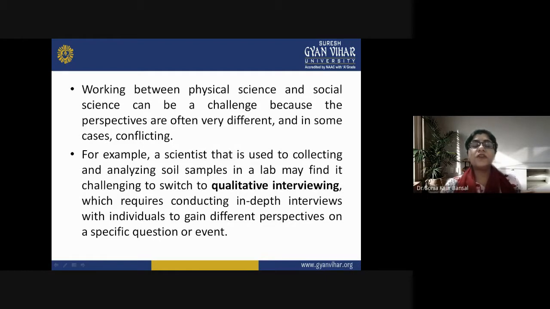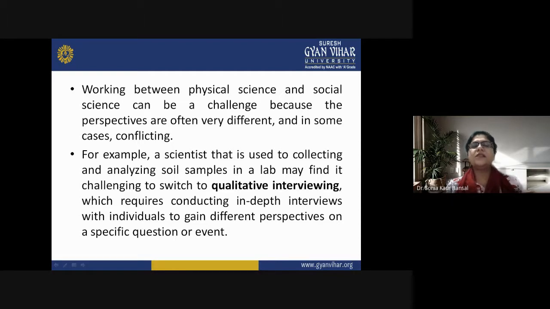Then working between physical science and social science can also be a challenge. Physical science and social science, just understand the minute difference, because the perspectives are often very different. We study different content in physical science and different in social science. In some cases it may be conflicting also.